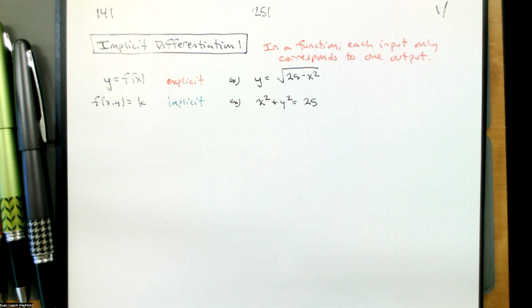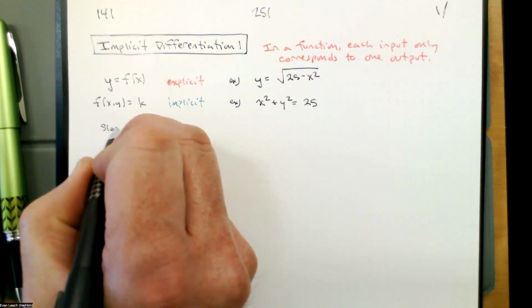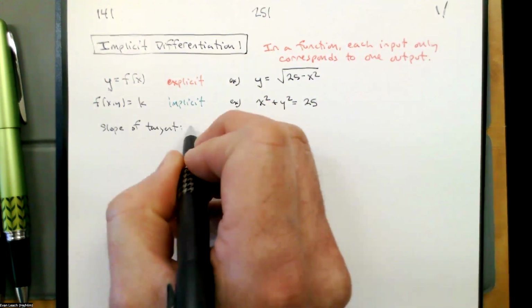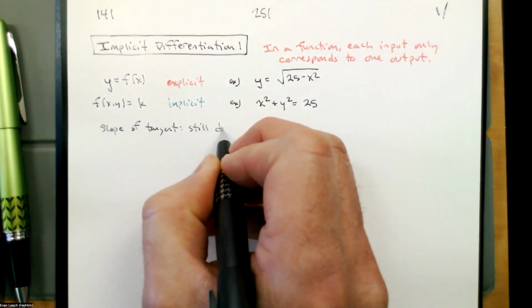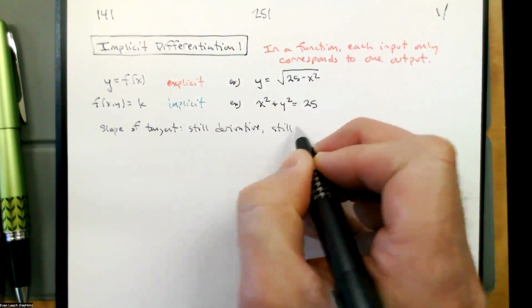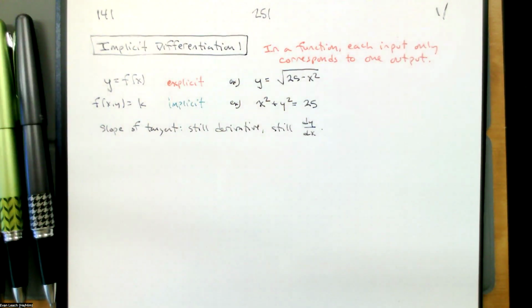So our strategy is still the same. Our plan is still the same. If I want to find the slope of the line tangent to a curve at a given point, I need to find dy dx. dy dx is just the derivative version of slope. So it's still the derivative.